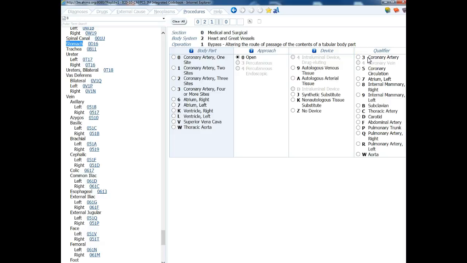The qualifier specifies the vessel bypassed from. So where did they start this bypass? If they are doing an aortocoronary bypass, they are starting in the coronary artery.